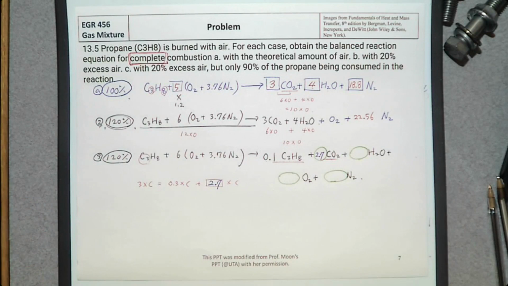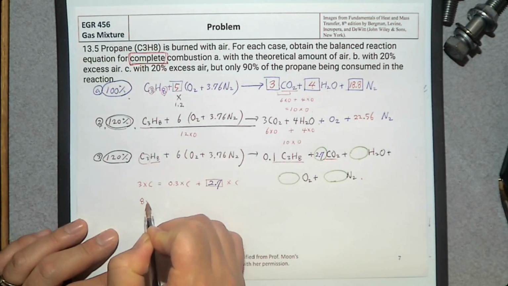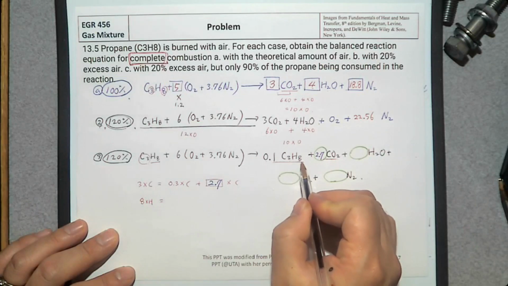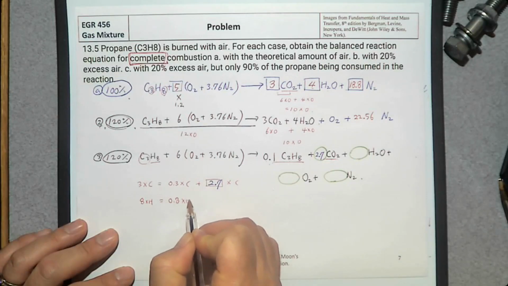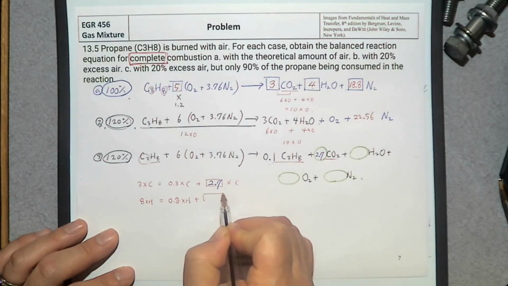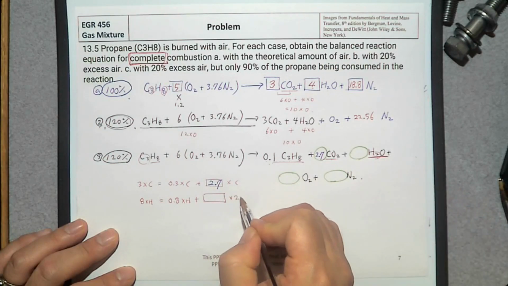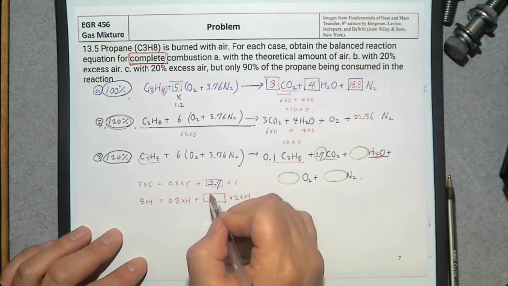What about water? Hydrogen. We have 8 hydrogens here, 8 times H. And we have here propane again, 0.1 times 8. 0.8 times hydrogen plus each water has 2 hydrogen atoms, times 2 times H. So what's going to be in the box? 3.6.